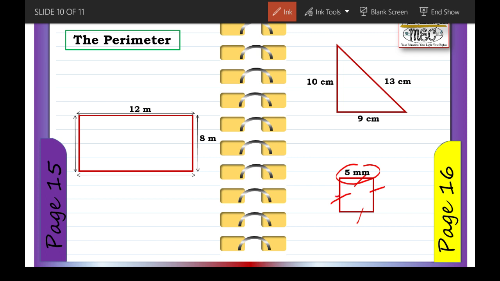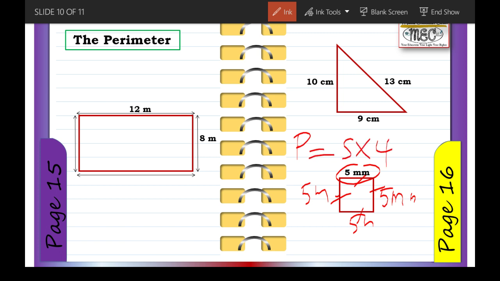So if all of them are equal, you must know that this is also 5 millimeters, this is 5 millimeters, this is 5 millimeters. You can also find the perimeter of this shape by adding all the sides: side 1 plus side 2 plus side 3 plus side 4. But because it is a square, the perimeter of a square is side times what?